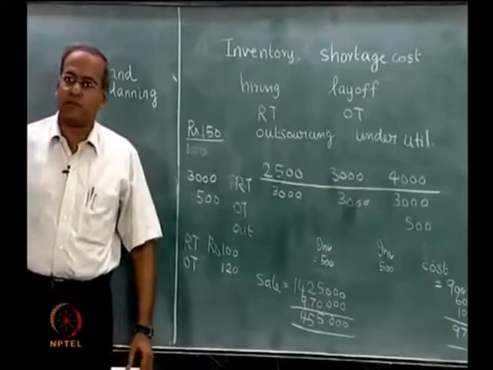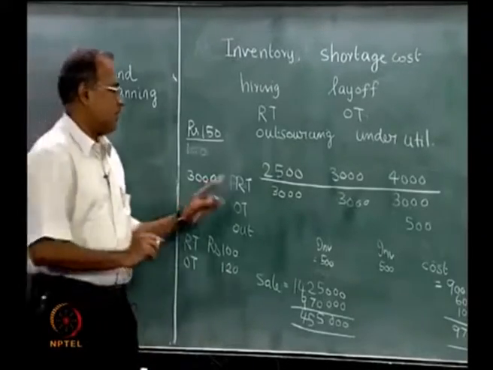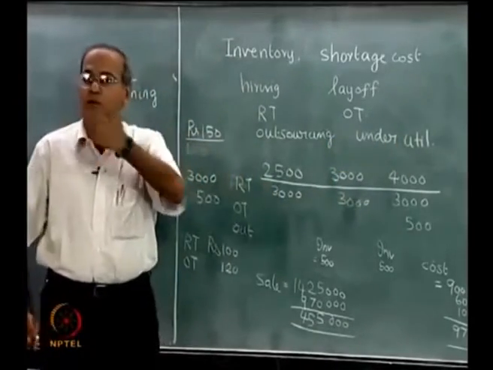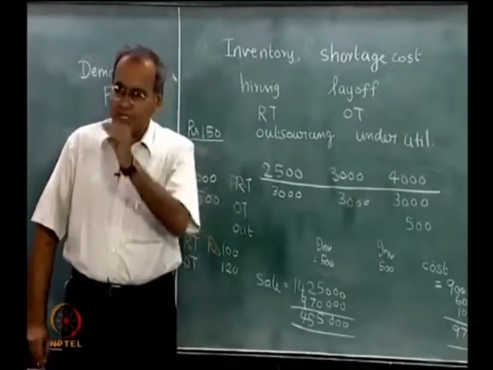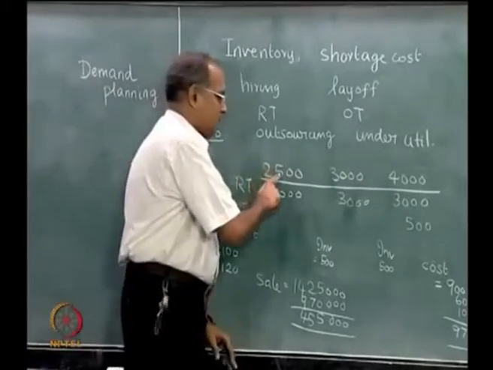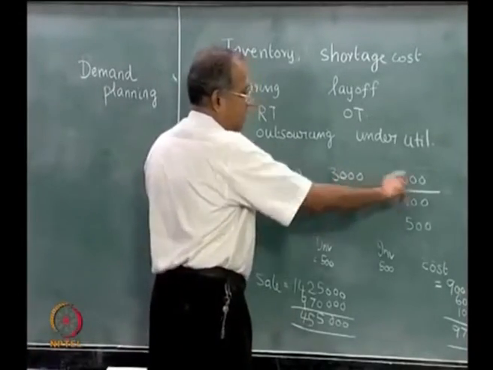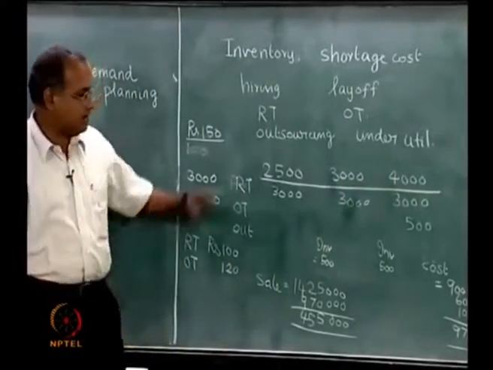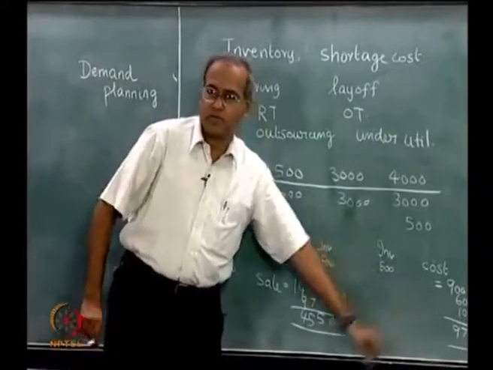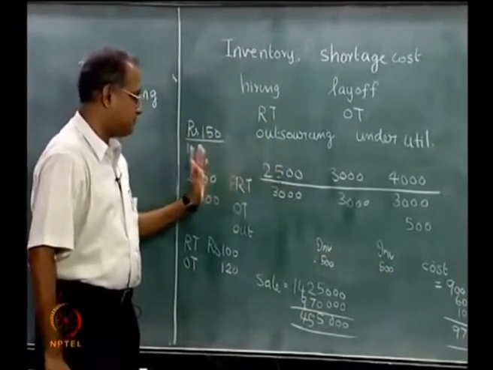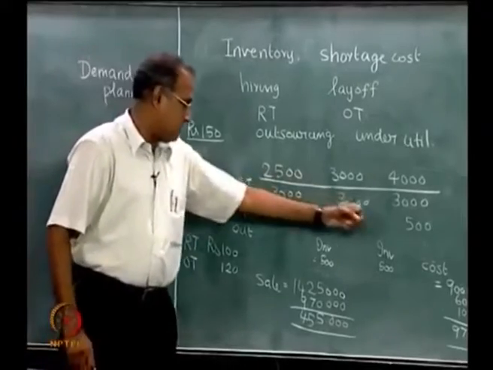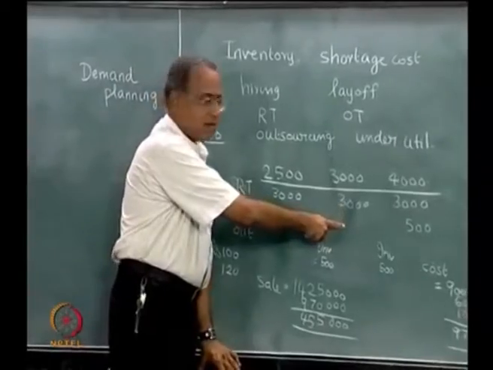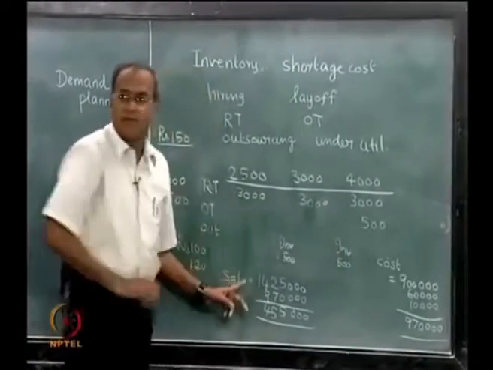Very simple terms, if instead of 2,500, 3,000 and 4,000, which adds up to 9,500, the demand itself were 3,200, 3,200 and 3,100, we know for sure that the cost will come down, because the amount of the overtime would be distributed here, it will be distributed a little bit here, and then the inventory cost can be saved.